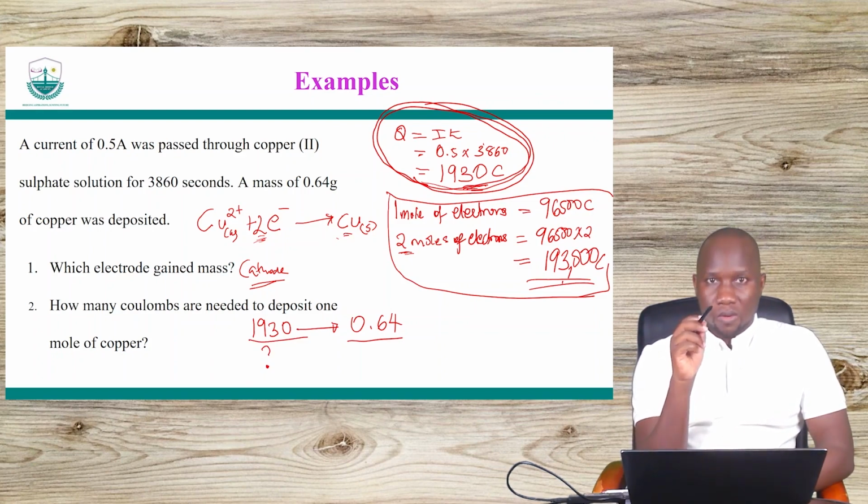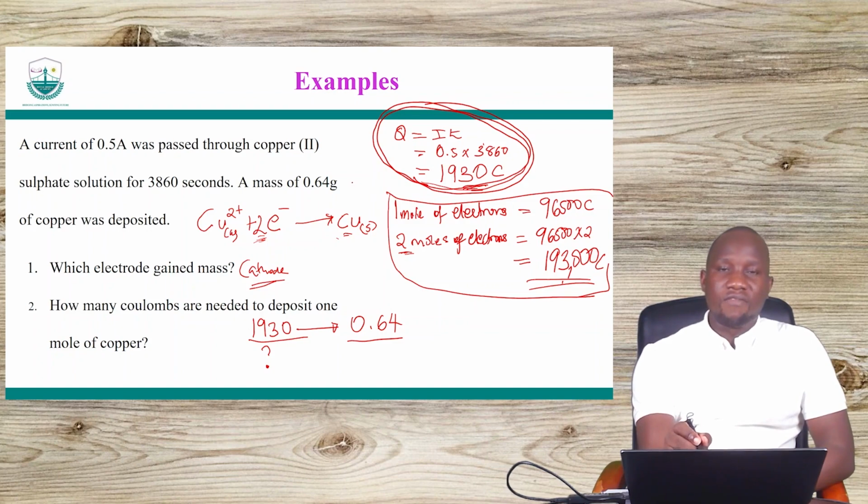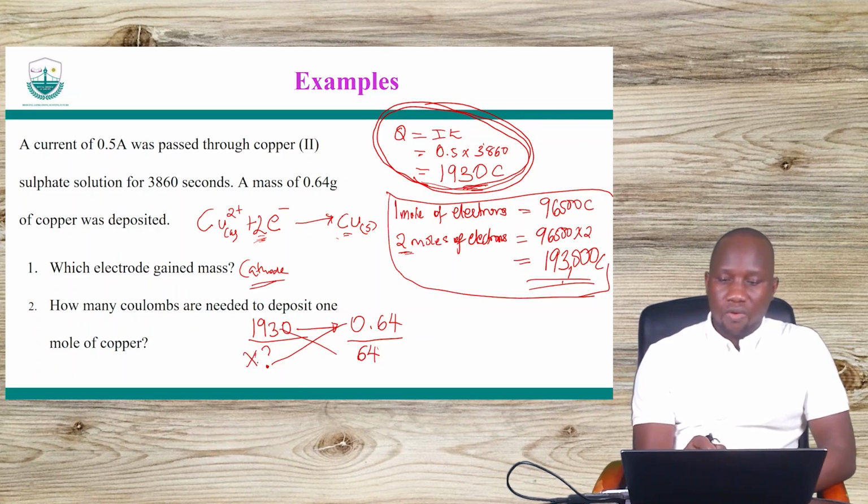Remember, 1 mole of copper weighs 64. That is the relative atomic mass. You will have that figure on the periodic table, or that figure will always be given to you just after the question, depending. So 1 mole of copper has a molar mass equal to 64. You want to find out this, which you actually don't know here.